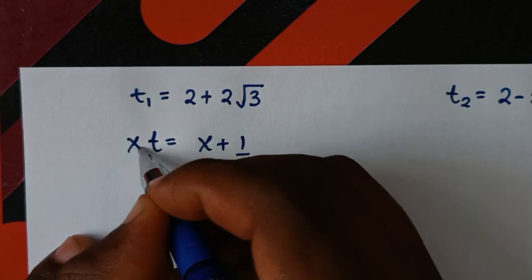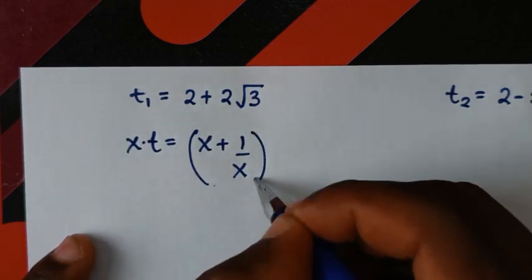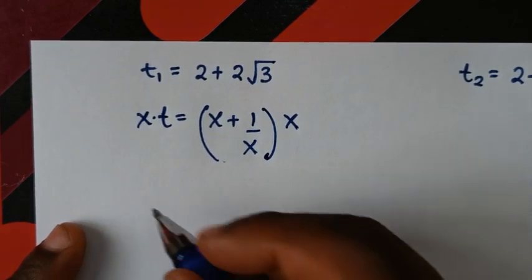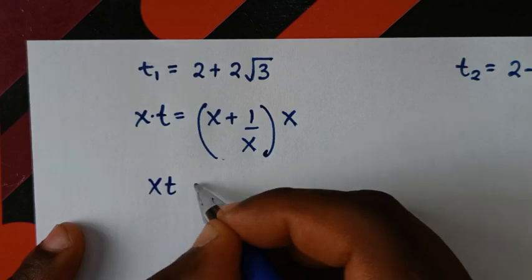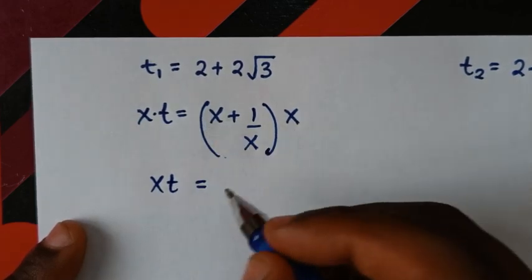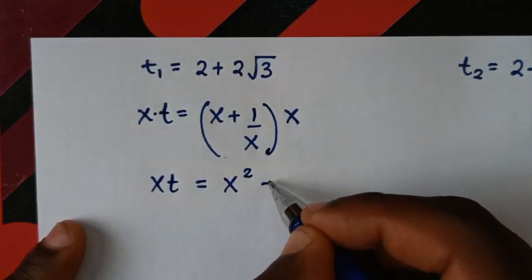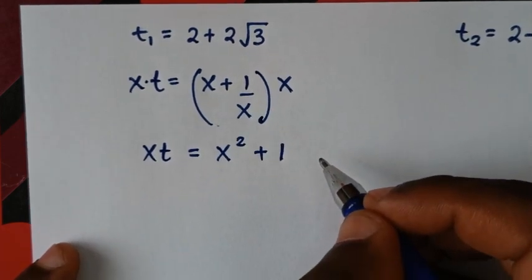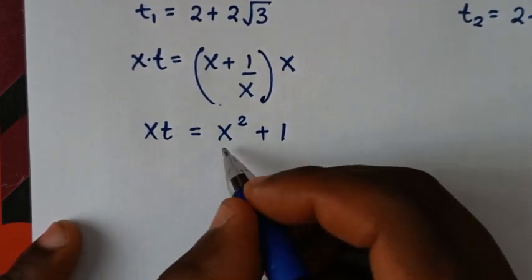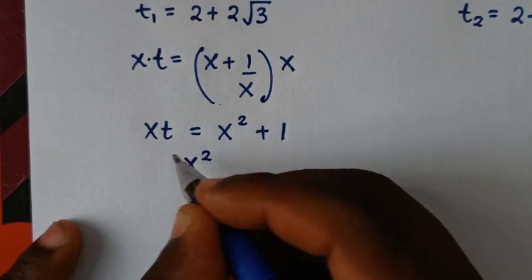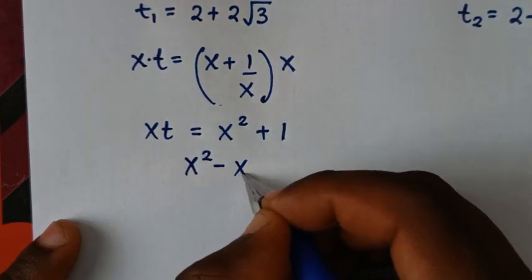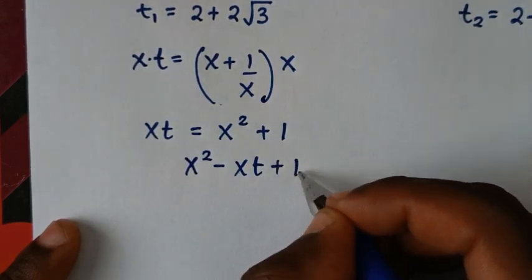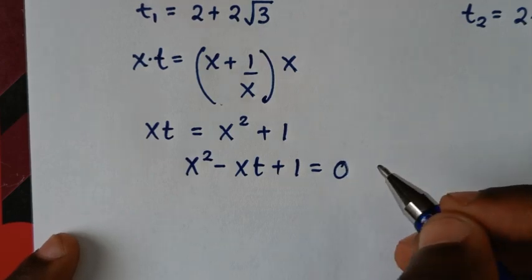So xt is equal to x times x, which is x², plus 1/x times x, which is 1. Then we take this to this side to be x², and this to be minus xt plus 1 is equal to 0.